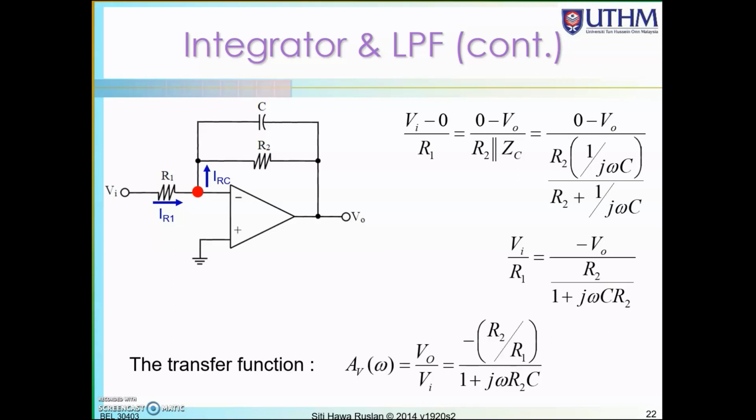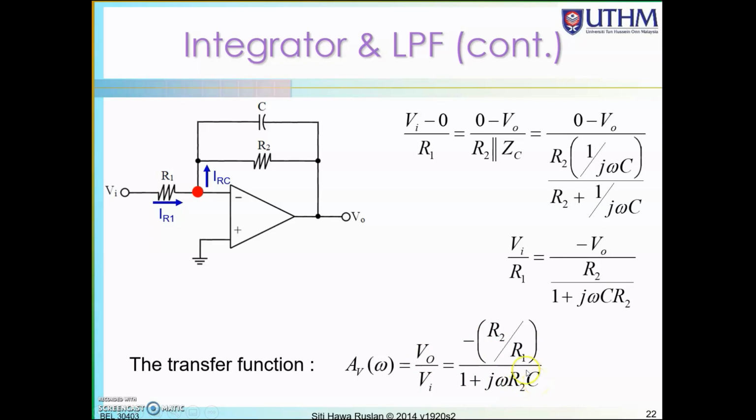Finally, you'll get the transfer function AV, which is the relationship between VO over the input Vi in the angular frequency domain. So VO over Vi will be minus R2 over R1 divided by 1 plus j omega R2C.